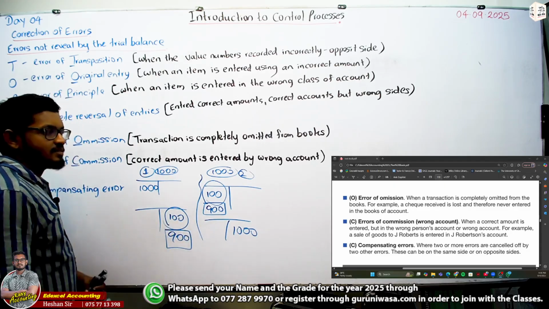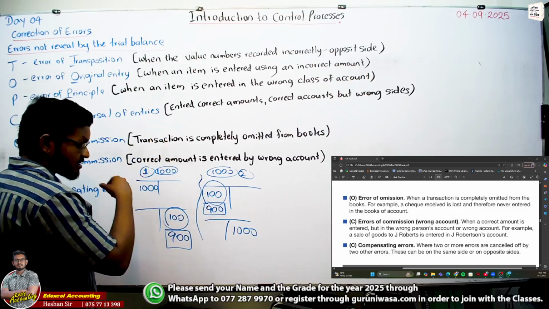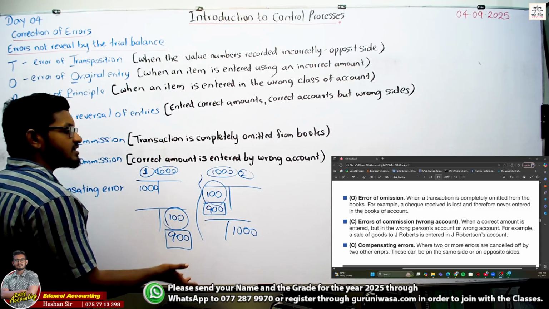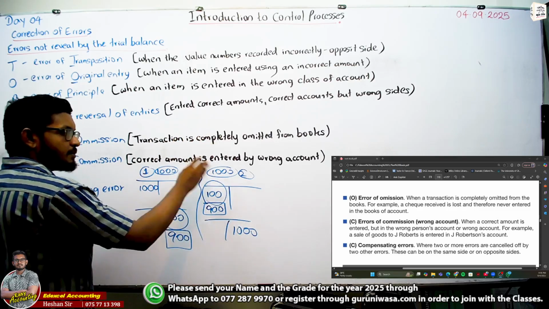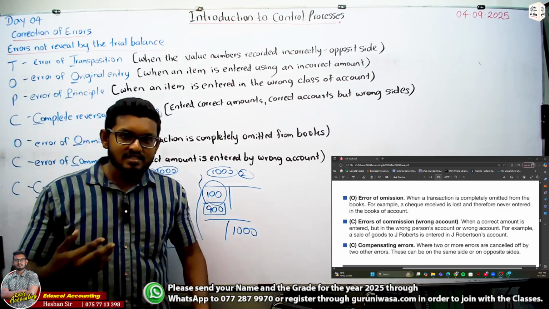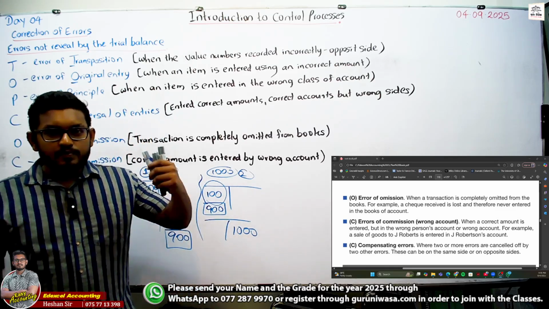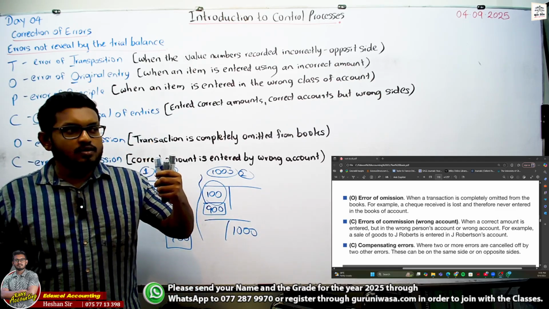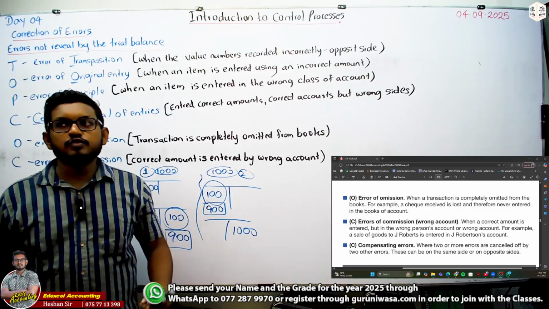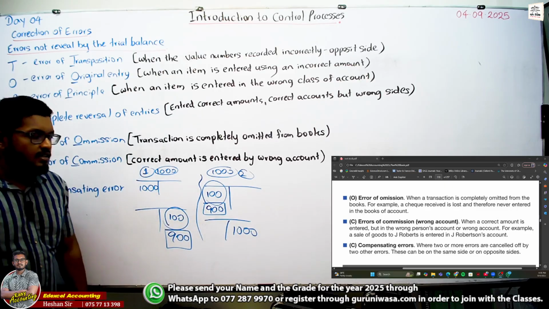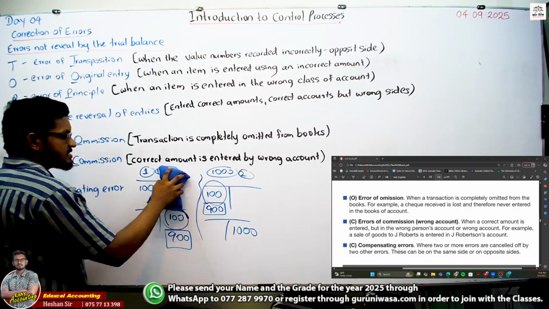The trial balance still agrees, because there are the same deficit or excess because of two or more transactions. This error is cancelled off.